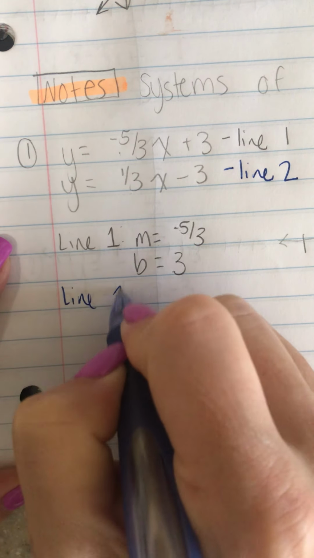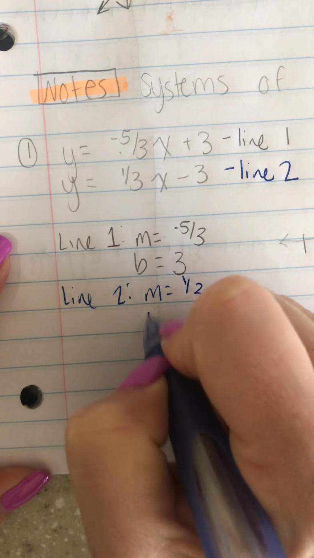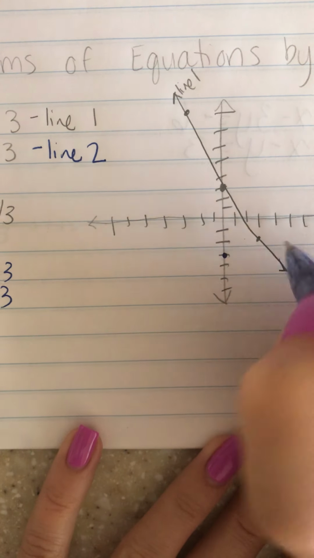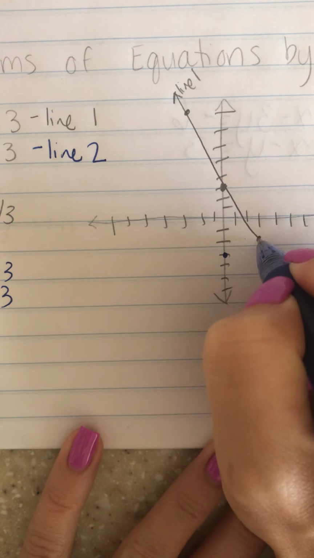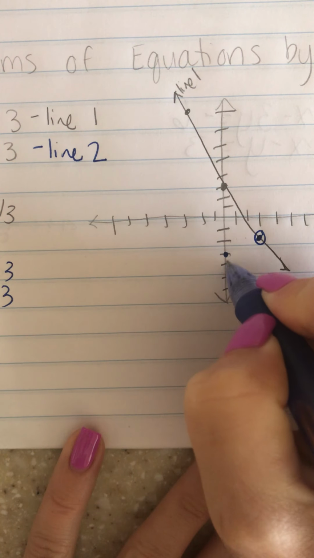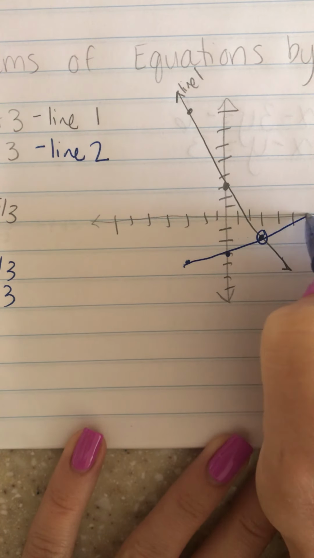So at line 2, my m is 1/3, and now my b is -3. So I start at -3. I go up 1 over 3. Ooh, let's circle that. Then let's go down 1 to the right 3. Why did I make that noise?